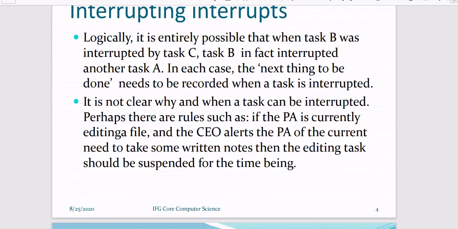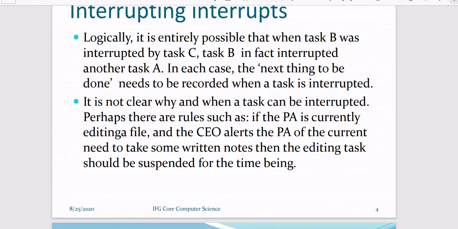And of course, if task A is being executed and task B tries to interrupt task A, things might be organised in terms of the importance or the priority of task B. But that's another story. In each case, the next thing to be done needs to be recorded when a task is interrupted. Hopefully that's very clear.